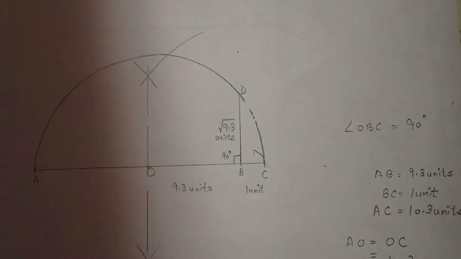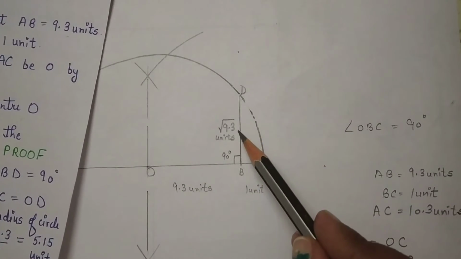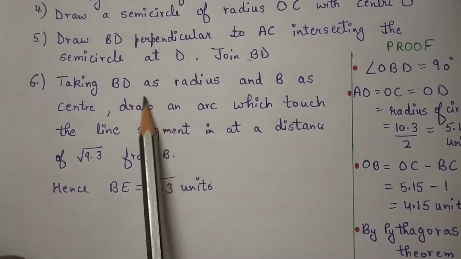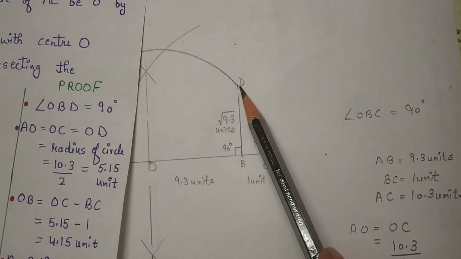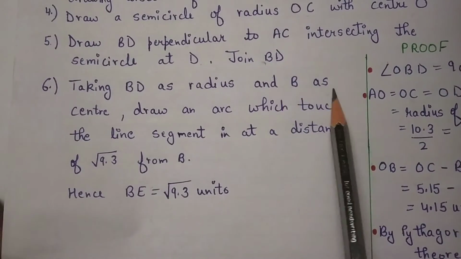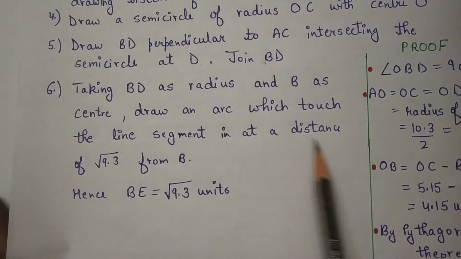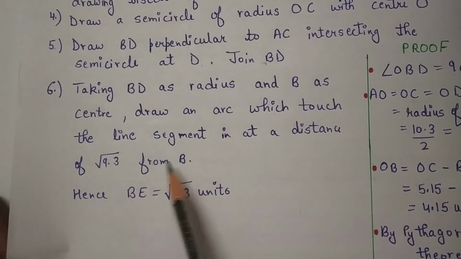Now the next step: this root 9.3 units is not on the number line. So to make it on the number line, taking BD as radius and B as center, draw an arc which touches the line segment at a distance root 9.3 from B.